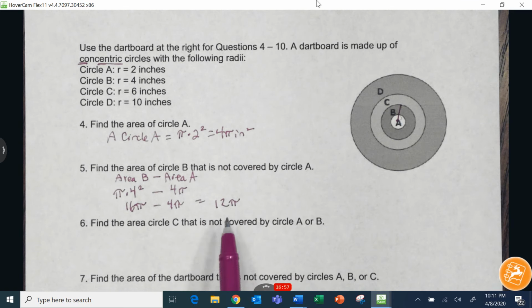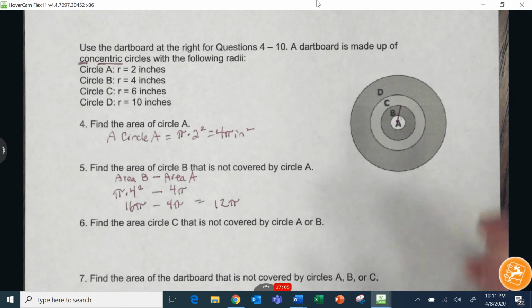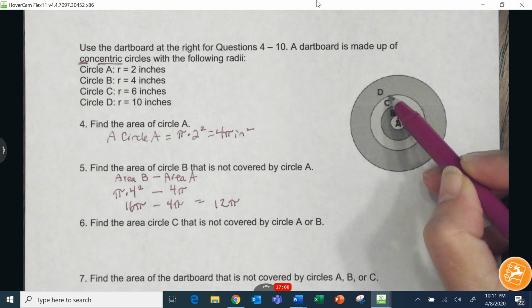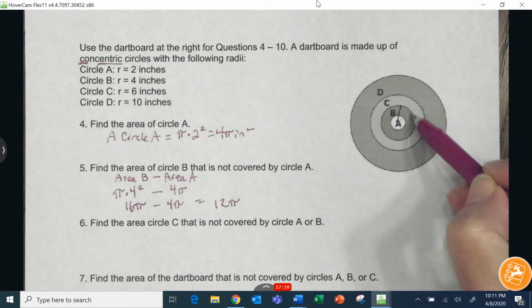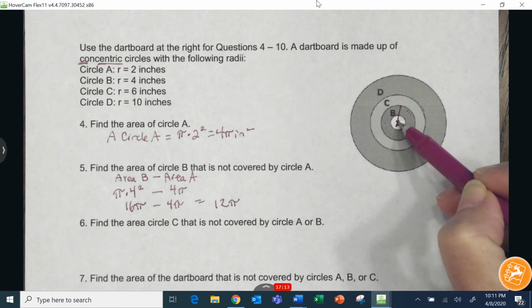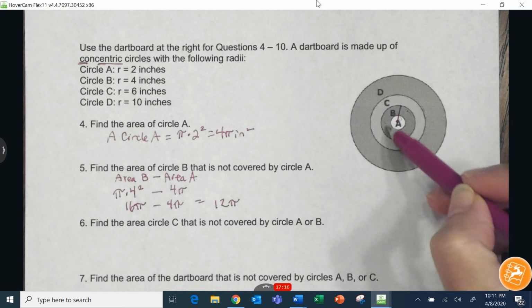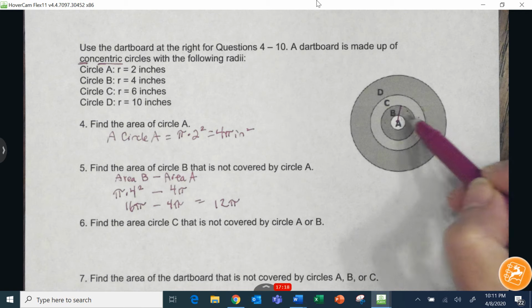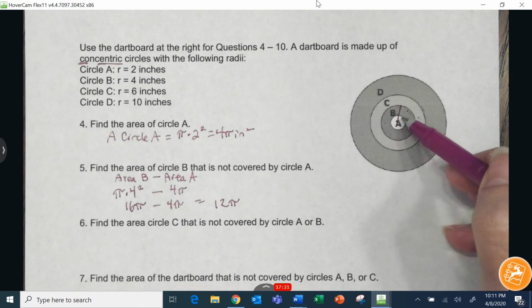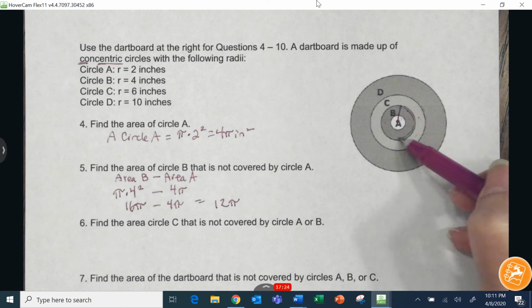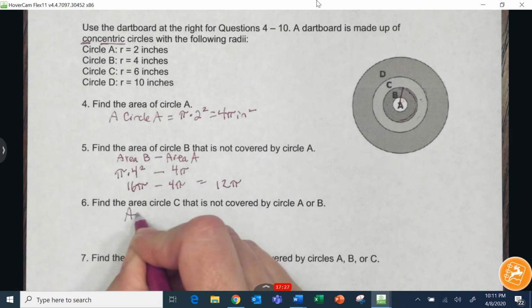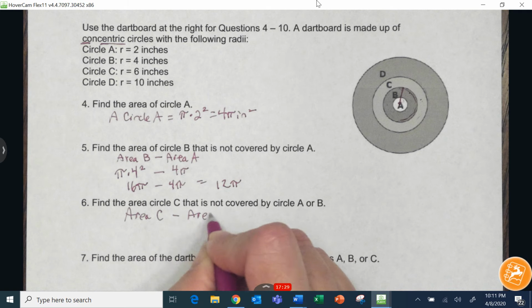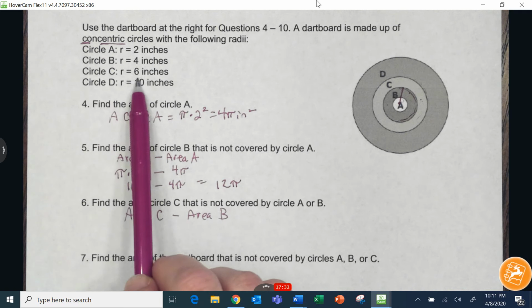Now you can also use your calculator. Find the area of circle C that is not covered by circle A or circle B. So for circle C, we need to subtract off circle B. We do not have to also subtract off circle A because circle A is contained in circle B. So really we just need C and then take away the area from B. It's like we're cutting out all of circle B. So area of C minus area of B. Circle C is 6 inches for the radius.